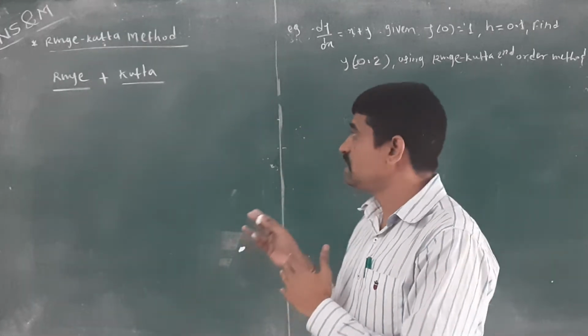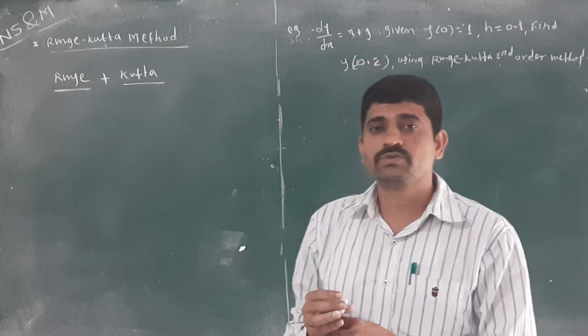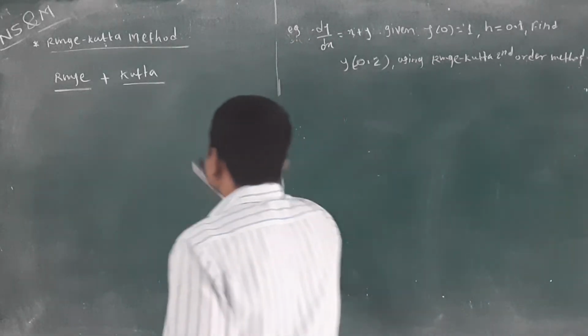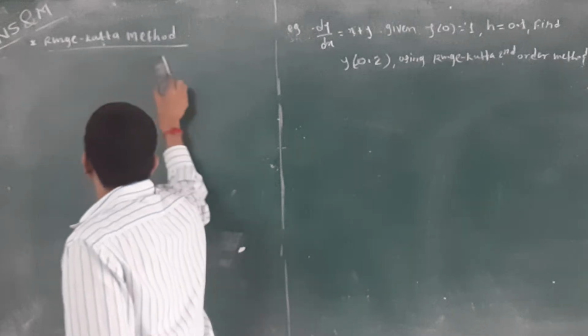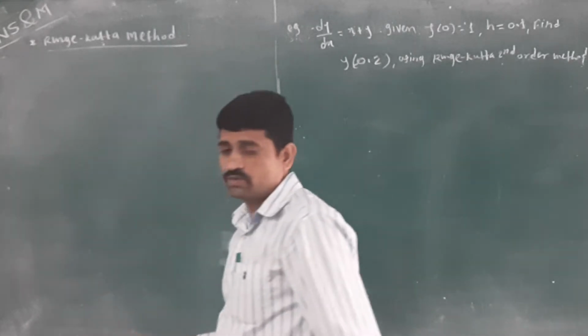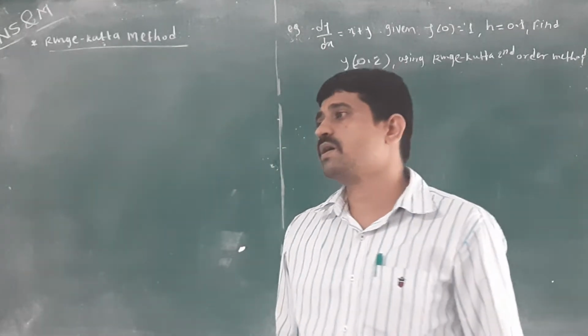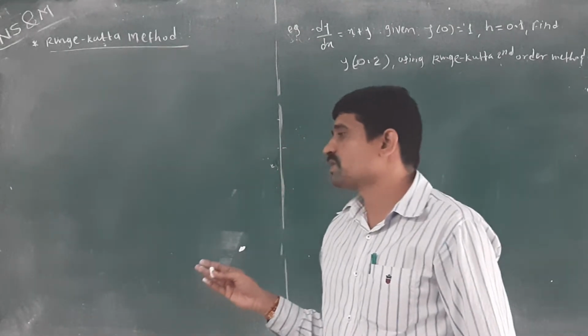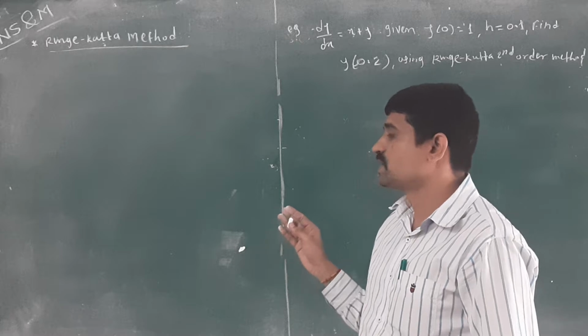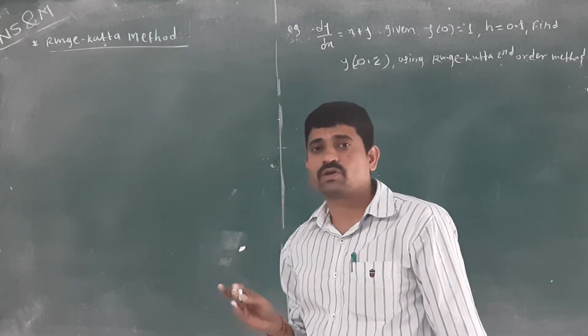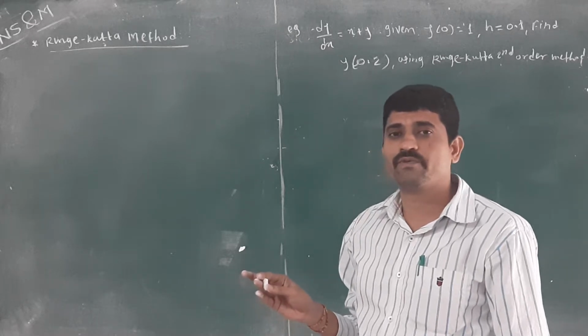First we will see which formulae are used to solve the given problem. In this numerical method you get more accuracy because of the second order and fourth order. We will see them one by one.